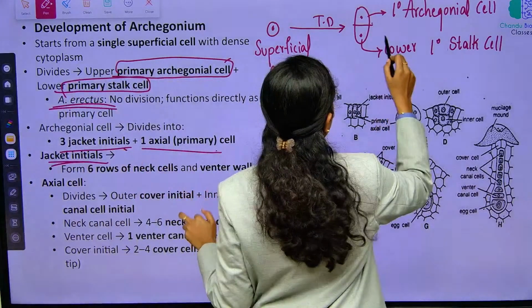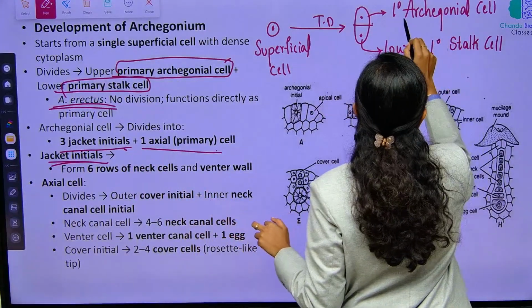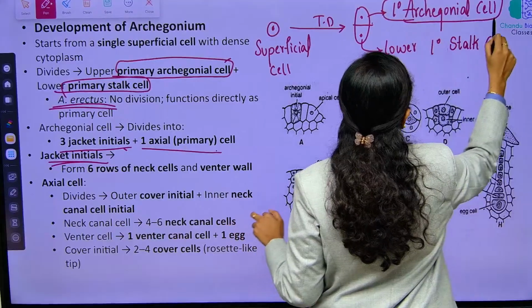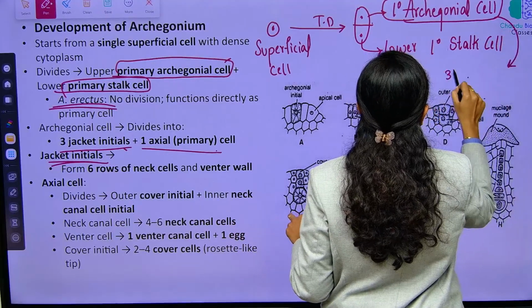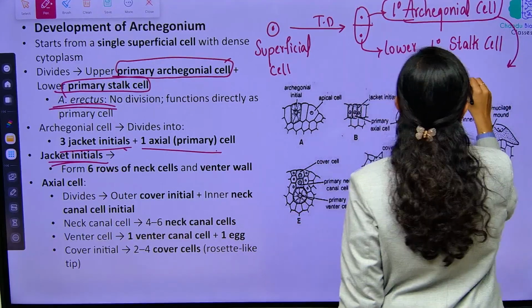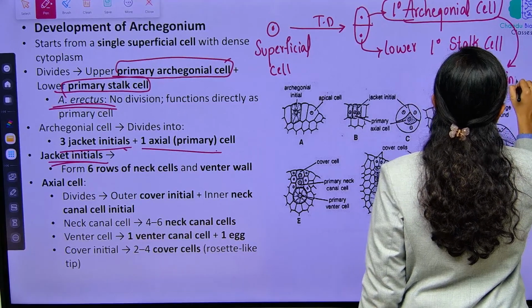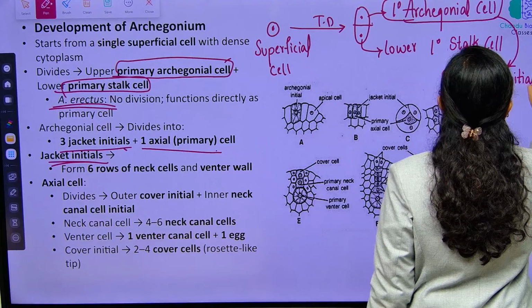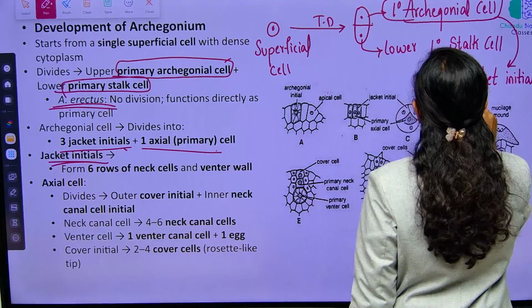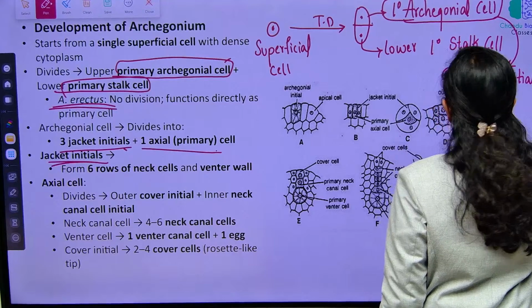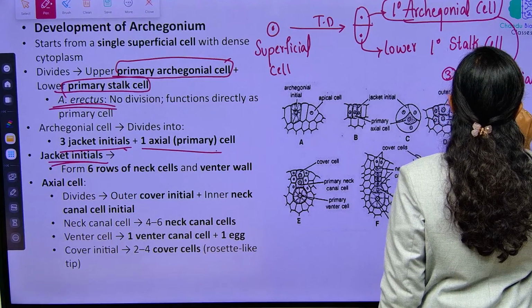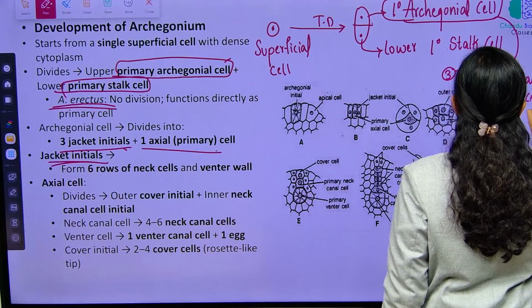Archegonial cell will further divide, forming 3 jacket initials and 1 primary cell, 1 axial primary cell.